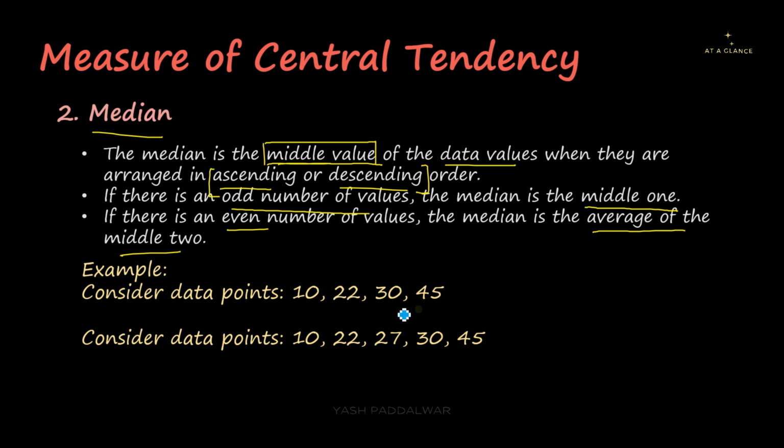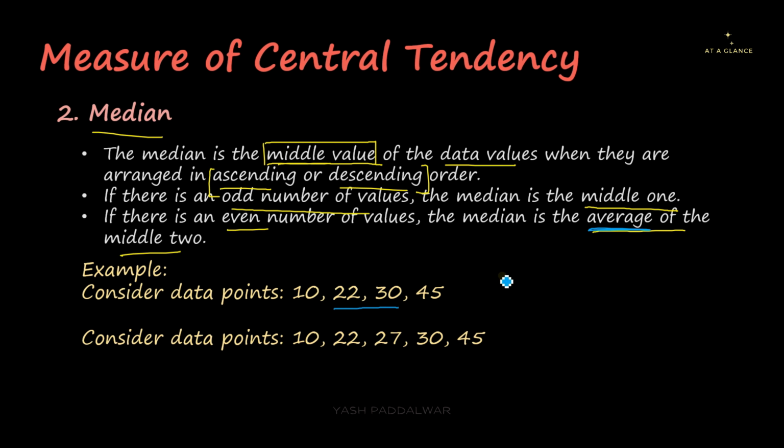Now, you can observe that there are a total of 4 points, and 4 is an even number. So we have an even number of values, and when we talk about an even number of values, we get two middle values. So in this case, the median will be the average of these two middle values.